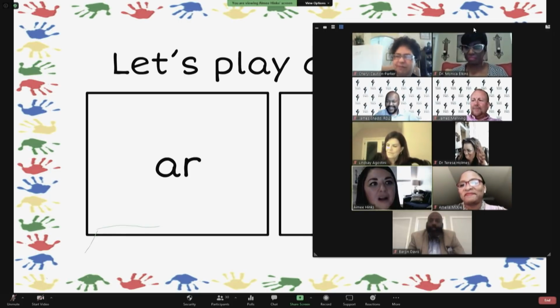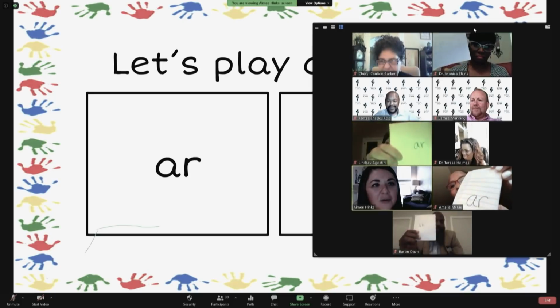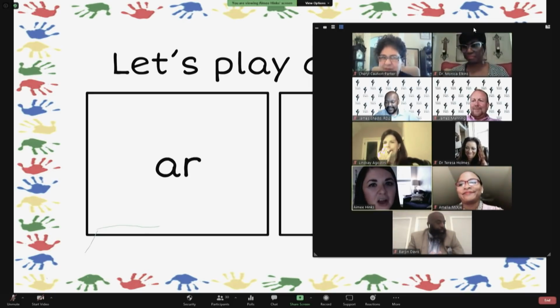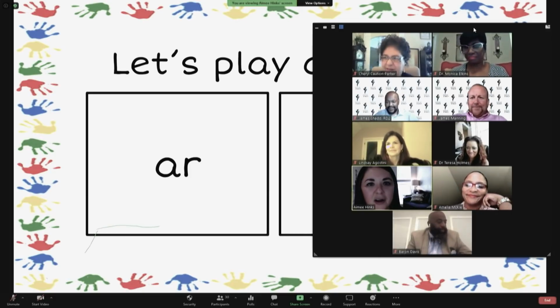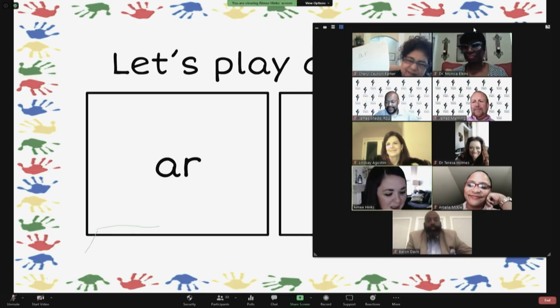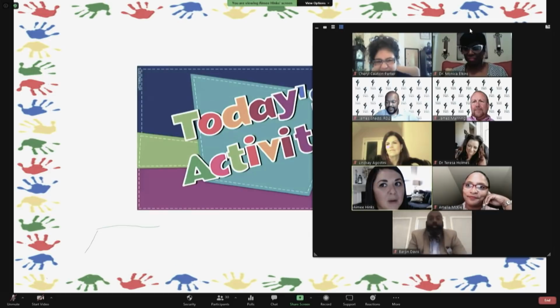The second word is marker. Marker. Wow. Look at how quick you guys are holding up those cards. Y'all heard the R sound in marker. Great job. So I would go through this and do a few more words with the students to play this game. And then that will wrap up our time together.